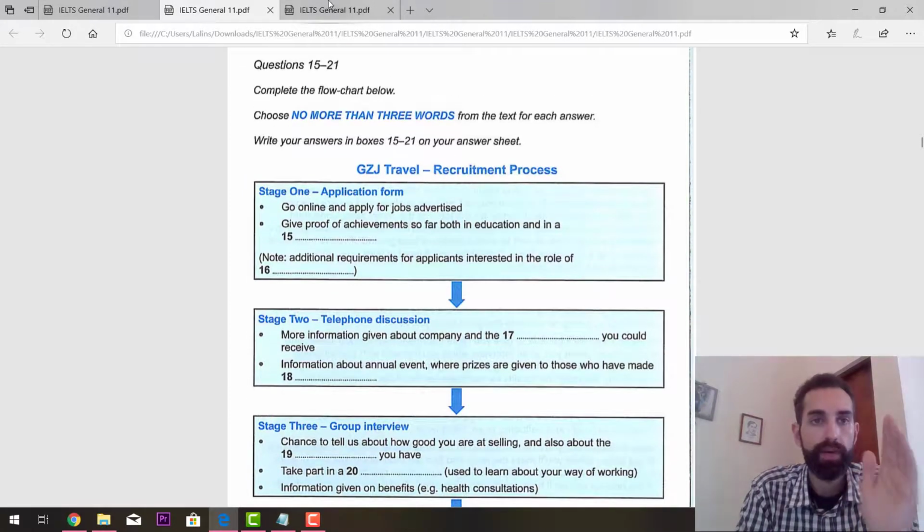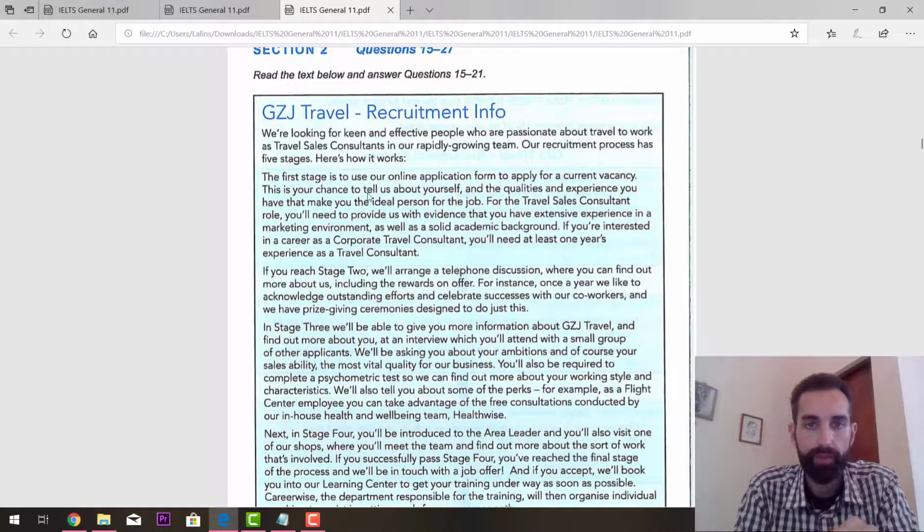So let's go back to the paragraph. Here we are. This is your chance to tell us about yourself and the qualities and experience you have that make you the ideal person for the job. For the travel sales consultant role, you'll need to provide us with evidence that you have extensive experience in a marketing environment as well as a solid academic background.